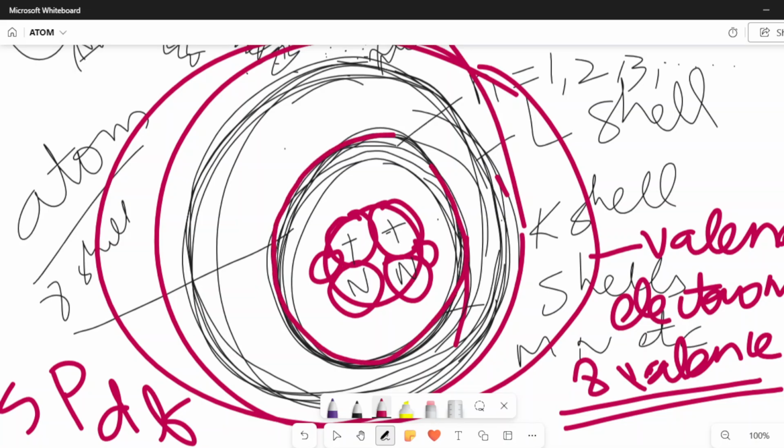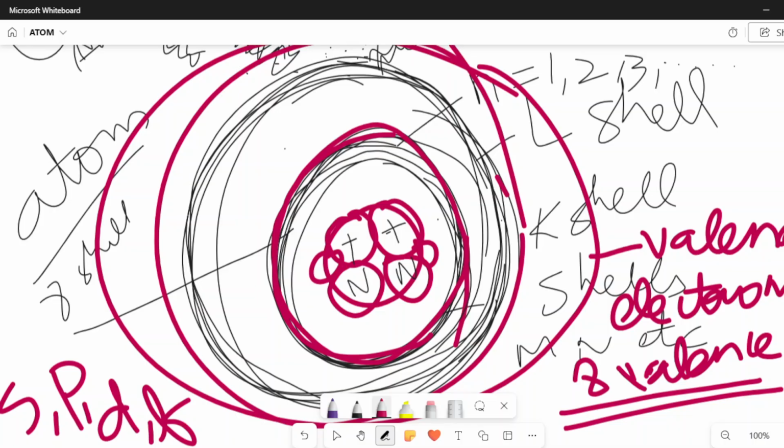If I take the first shell, the K shell, this is further divided into four subshells: S, P, D, F. Now how are they present? Each shell need not have all the four subshells. Depending upon the shell, as it becomes bigger and goes further away from the nucleus, we will have the subshells increasing.